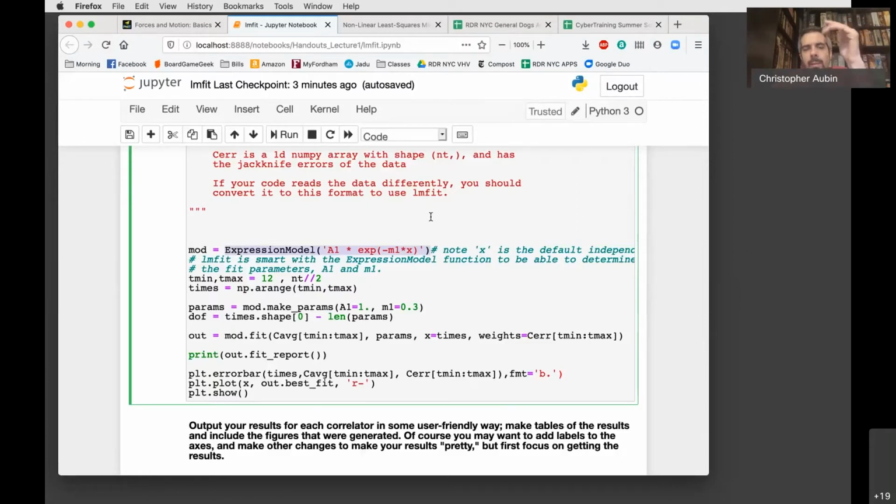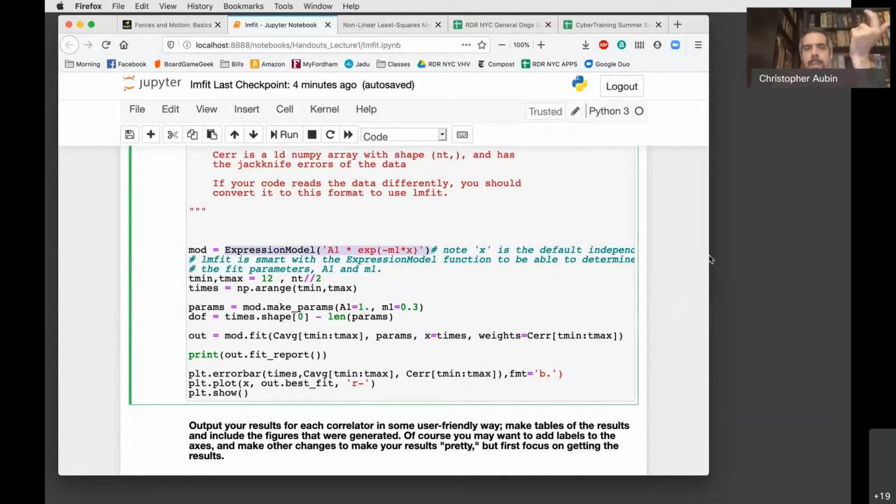And then you should get a one-dimensional array with, in this case, 128 elements, those would be your average values for C of 0, C of 1, C of 2, all the way down. Then you take those 331 samples and calculate the standard deviation of those numbers for each time value individually. And then that will be the jackknife error.